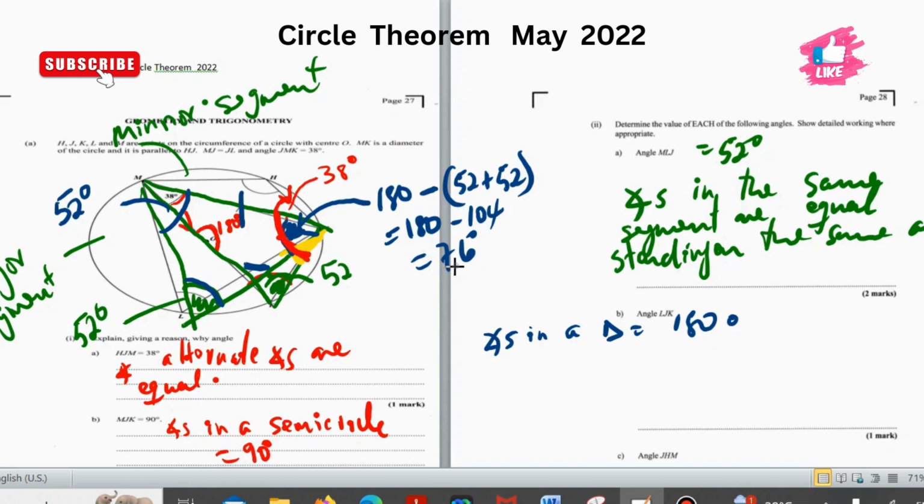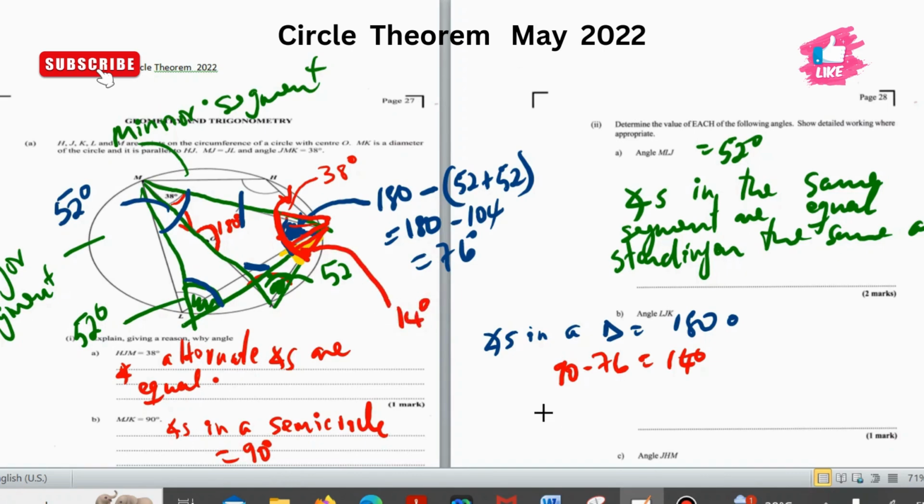So if that angle is equal to 90 degrees, and this little piece here is equal to 76, then LJK is equal to 90 minus 76, which is equal to 14 degrees. So this little piece here is equal to 14 degrees.